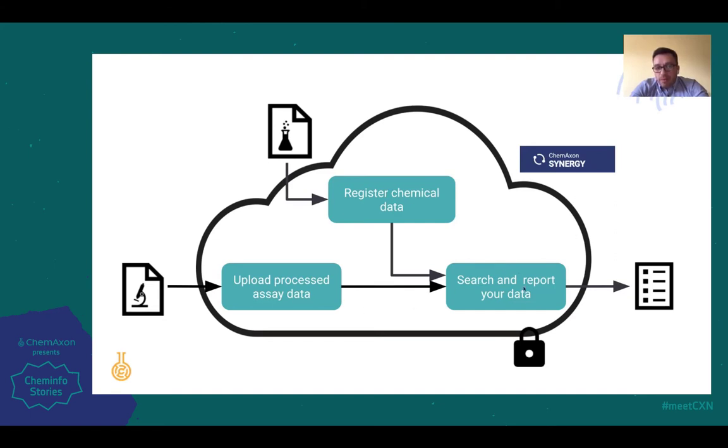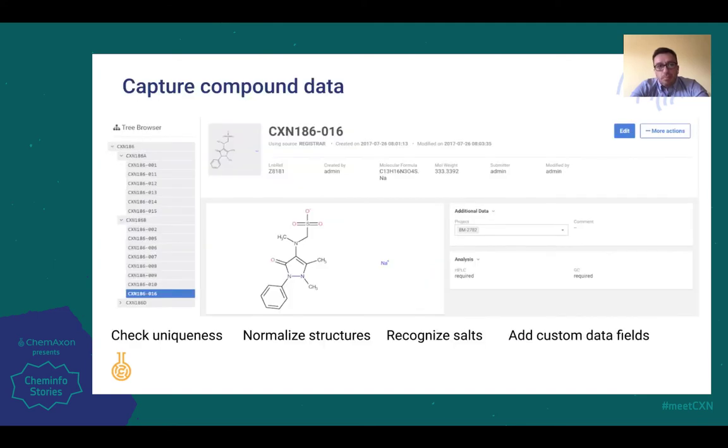We wrapped up these three components into an environment called ChemAxon Synergy, and that's provided as software as a service by ChemAxon. Under the hood, the chemistry data capture uses our compound registration product, which is an industry standard chemical registration tool that's meant to deal with checking the uniqueness of all the captured chemistry data.